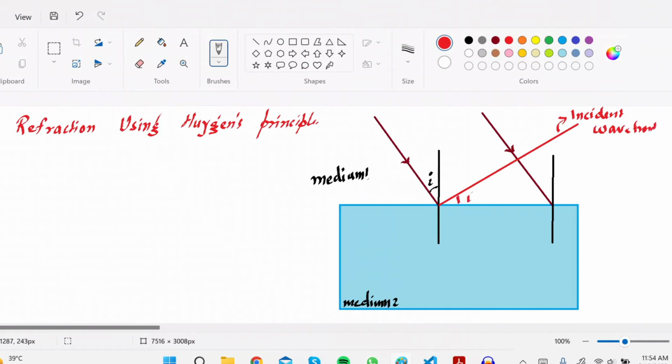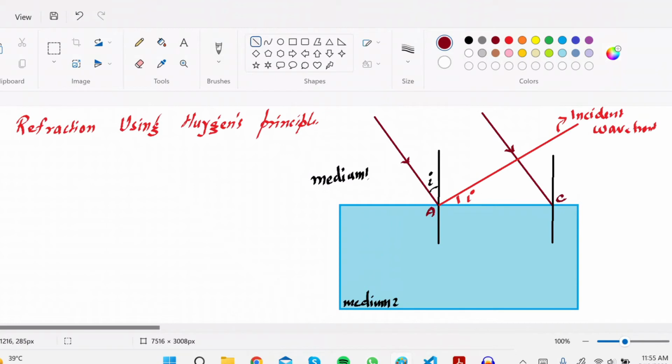What is this angle? We already know from the previous derivation, reflection using Huygens principle, that this is our angle of incidence I. Okay, great. Now, after refraction at this point, this point is point A. This point is C.